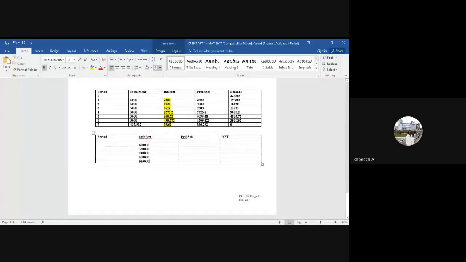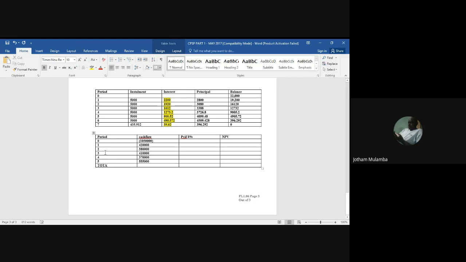Under period, we start with period 0, and period 0 is the amount we are investing. That was 1050, and it's usually negative because we are paying out when investing. Then the last column will be total. So we have year 1, year 2, year 3, year 4, year 5, and then total.